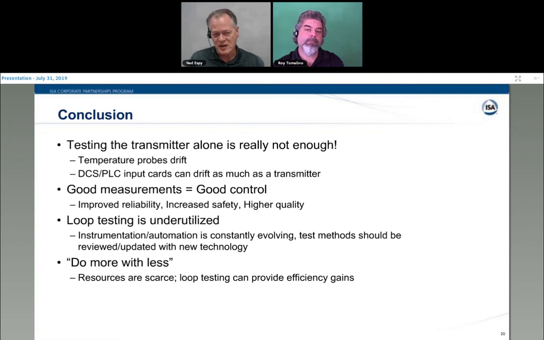So try to make the argument that you're checking this loop, it's making a good measurement, let's move on and do what makes sense. And we're all under pressure to get more done in a day, so utilize this method if it can help you maximize your efficiency and how you operate.